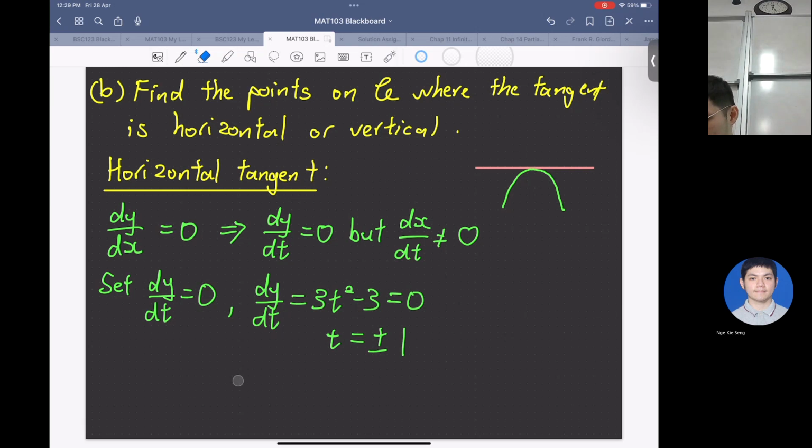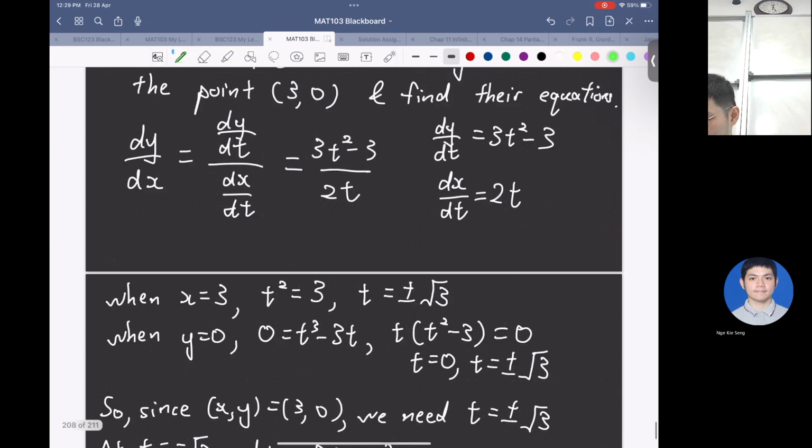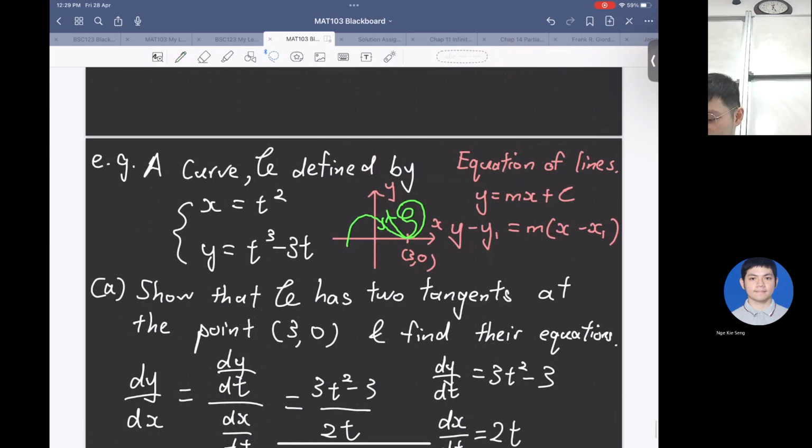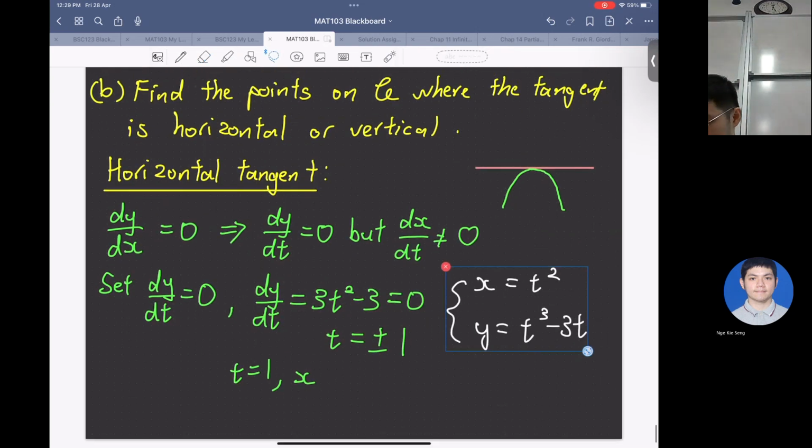So when t equals 1, what is our x? That's the formula. Let's bring this formula down. Okay, so x is equal to 1 squared. y is equal to 1 cubed minus 3 times 1.